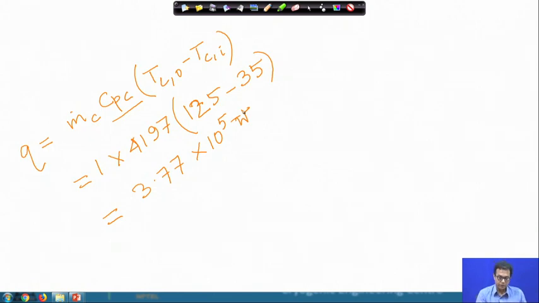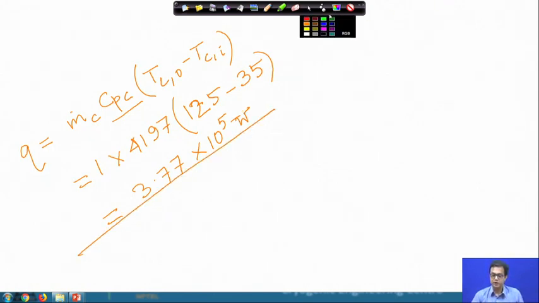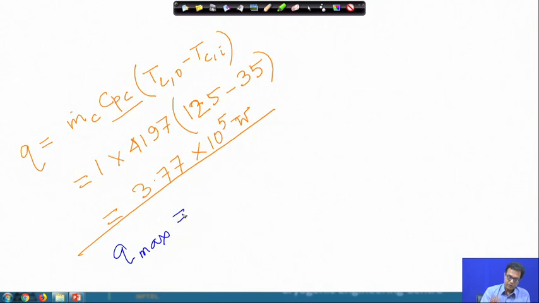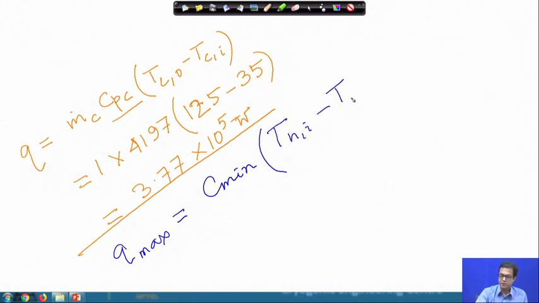Now, we also need to find out the Q max. How do we know Q max? That is equal to C min multiplied by the maximum difference in temperature that can be obtained. So, that is equal to T hot in minus T c in.